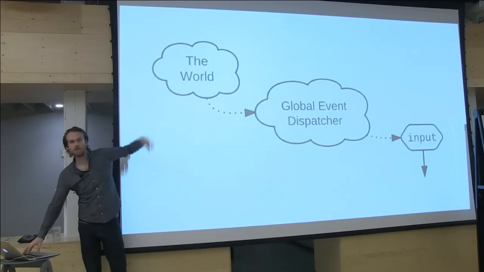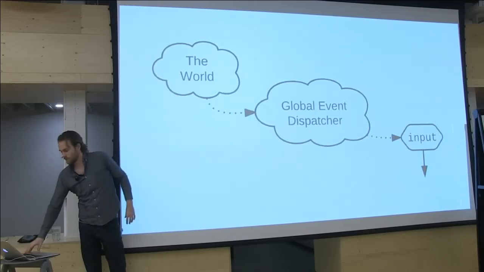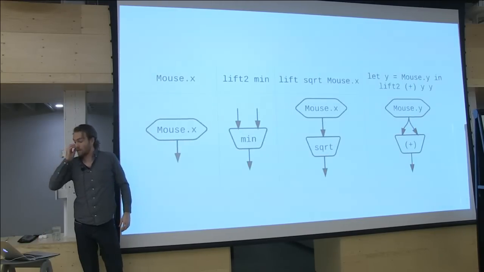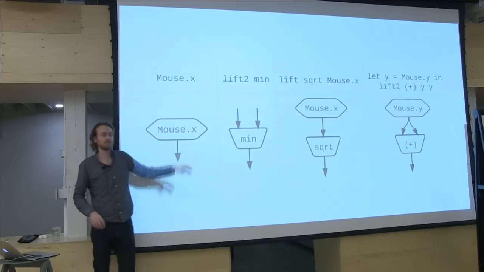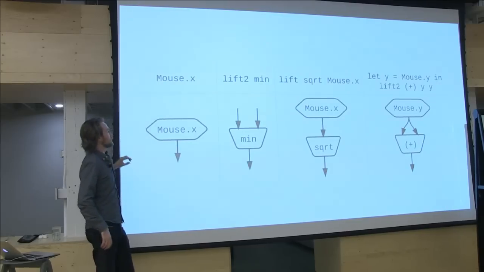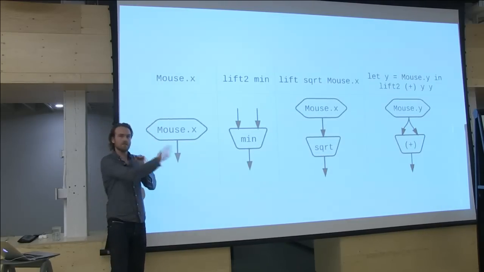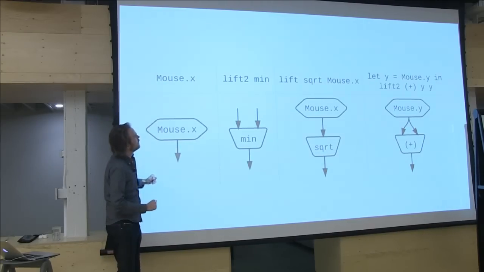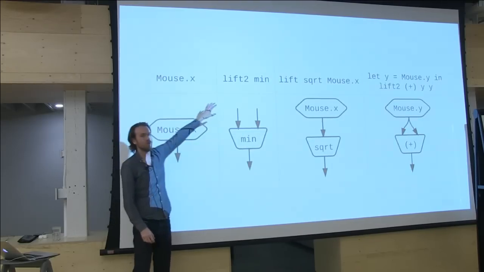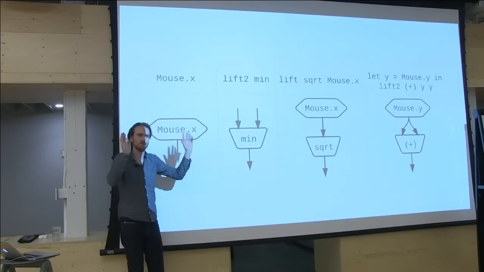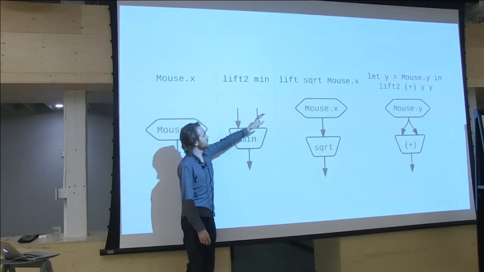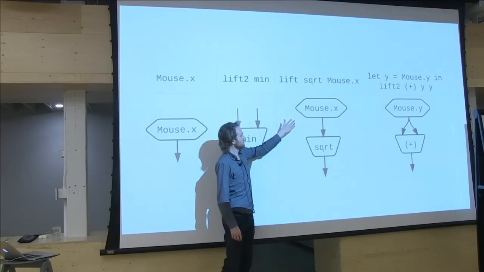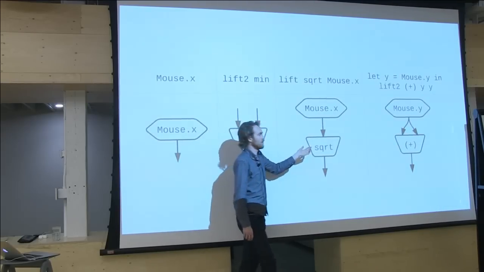But then the events propagate through the graph of signals. So here are some different signals. Here's an input signal, mouse.x, just the x coordinate. Lift to min, like the minimum of two other signals. This one is the square root of the x coordinate of the mouse.